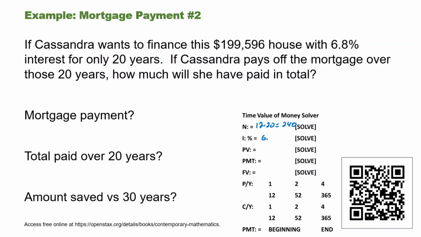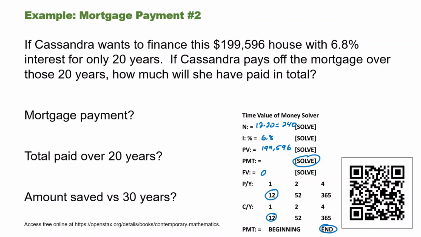I is still 6.8. The present value is 199,596. Payment is unknown, so we'll circle solve on that line. The future value would be 0. Payments per year would be 12. Compoundings per year would be 12, and the payments are made at the end.